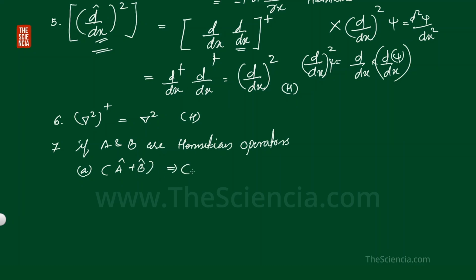So we have to take (A cap plus B cap)†, and we know it is addition only, so that is A cap† plus B cap†. And it is specified A and B are Hermitian, so A cap† will be equal to A and B cap† is equal to B. So this is a Hermitian operator.